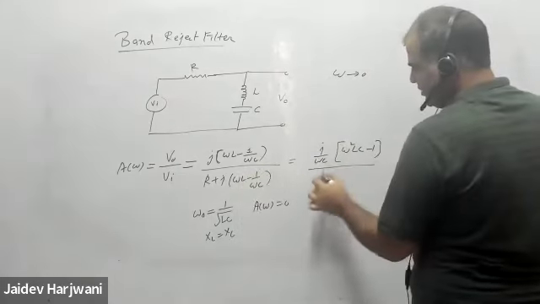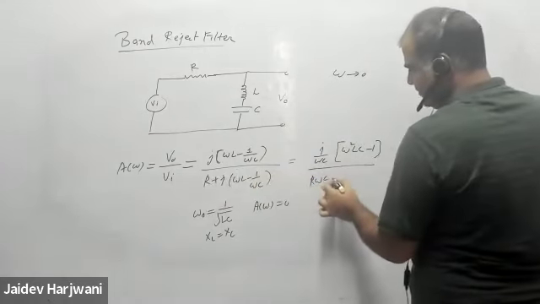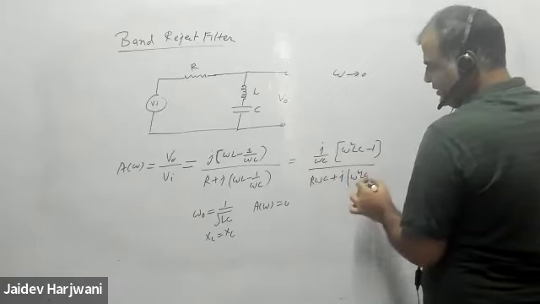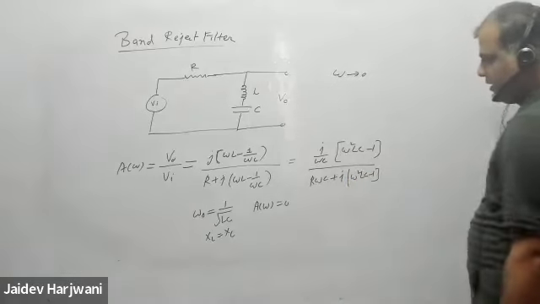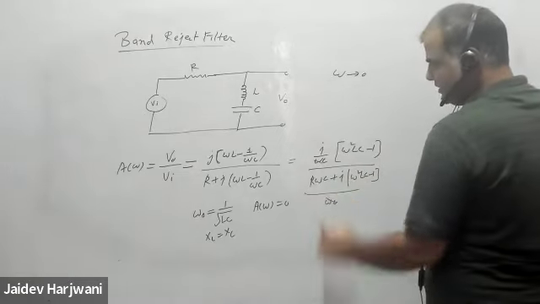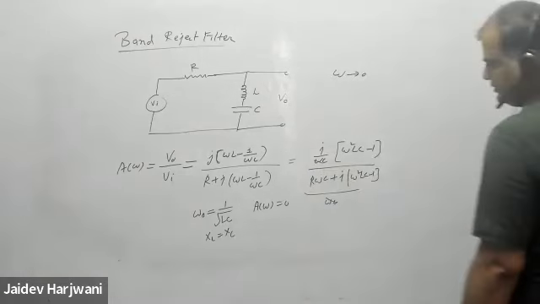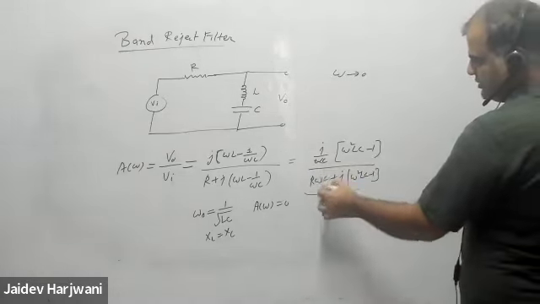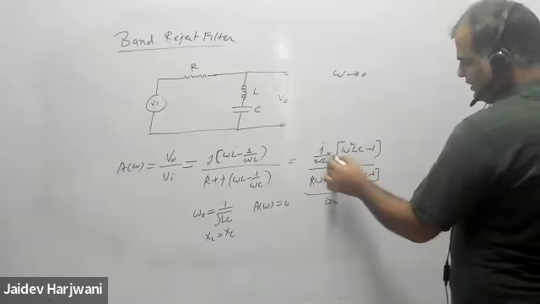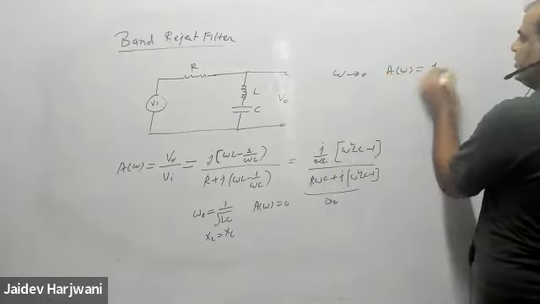Similarly, the bottom will be R omega C plus j omega square LC minus 1. Can I write like this? Omega C is there, omega C cancels. Now if you put omega 0, this is 0, this is 0, this is minus 1, and this is also minus 1, so your A omega will become 1.